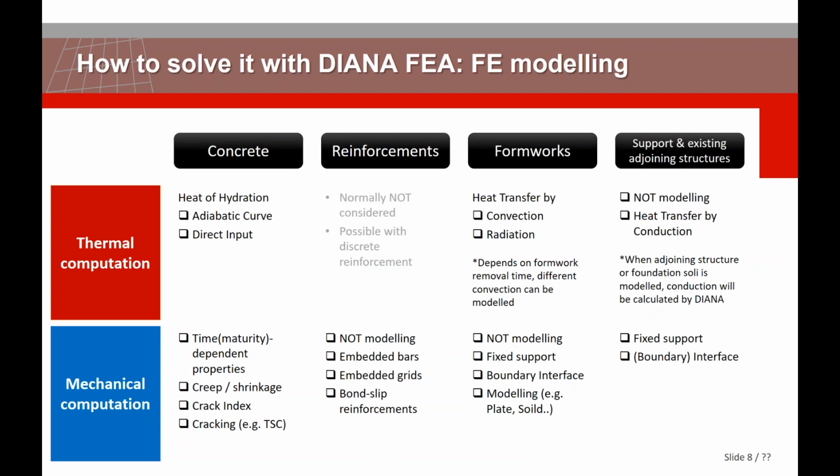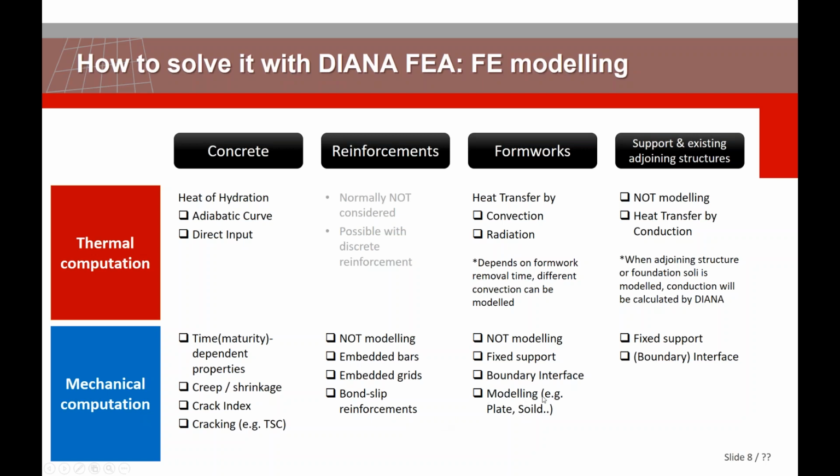And after the formwork is removed, you can simply deactivate this support. But at the same time, you can consider it as a boundary interface, and you can model compression only and no tension boundary. That's also quite realistic, and quite easy.